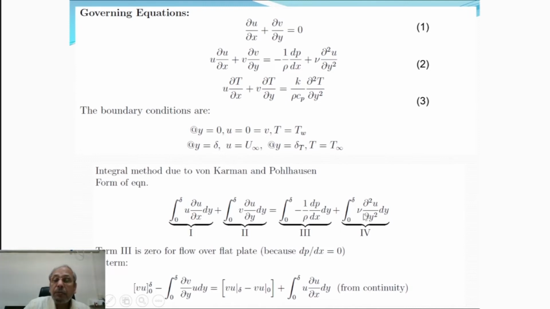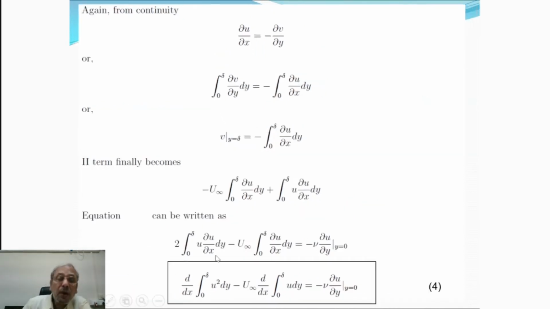So nu ∂u/∂y at y equal to delta, since ∂u/∂y at y equal to delta vanishes, that will not produce any term, but the lower limit, that means minus nu ∂u/∂y at y equal to 0, will be there. As such, that is basically shear stress by rho.